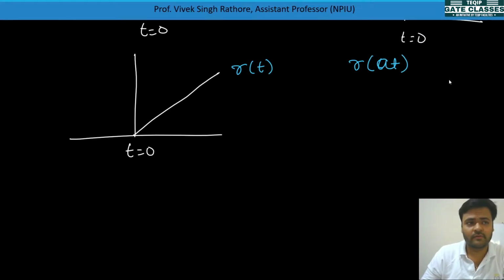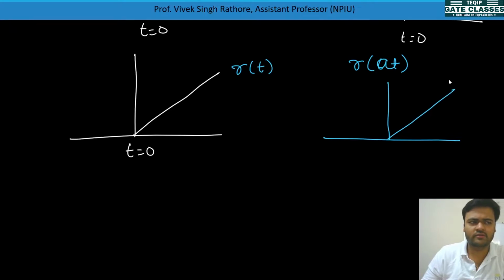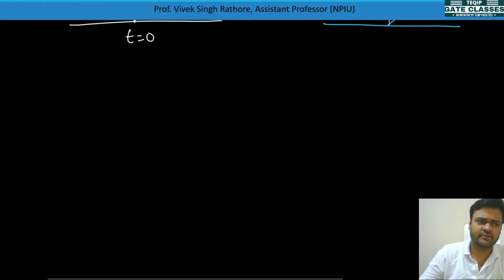Then it will look like this only, but the slope will change: if the slope is 1, then it will be a. How does it happen? Let's check.